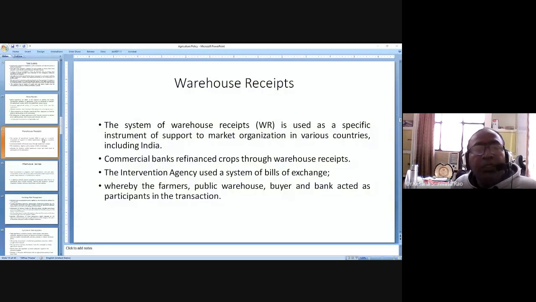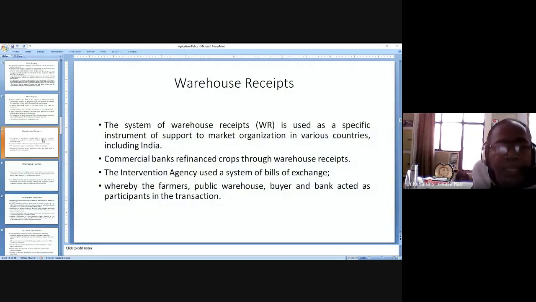Yeah. So in this way, the system of warehouse receipts is used as a specific instrument of support to market organization in various countries, including India. The commercial banks refinanced crops through warehouse receipts, because whenever you are storing your products in the warehouses, based on that the commercial banks use it to refinance the crops.